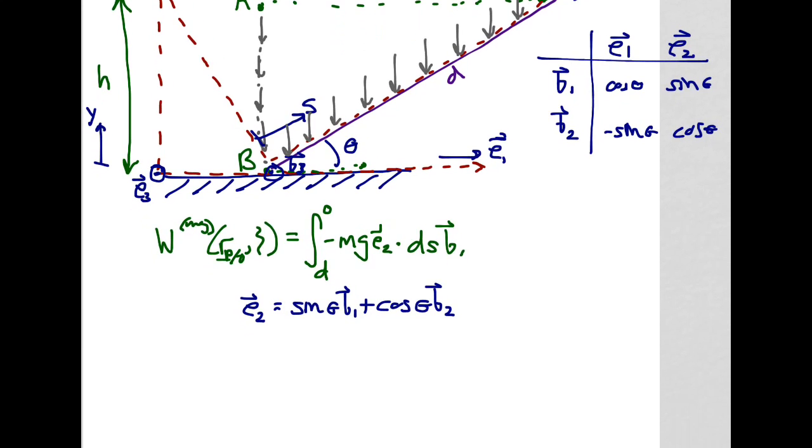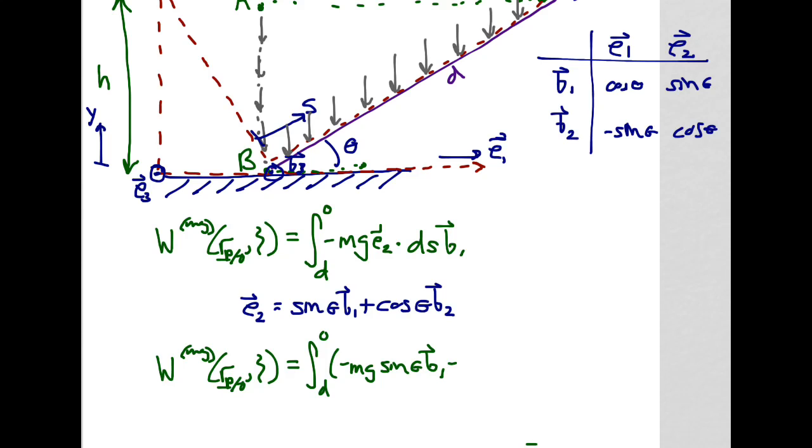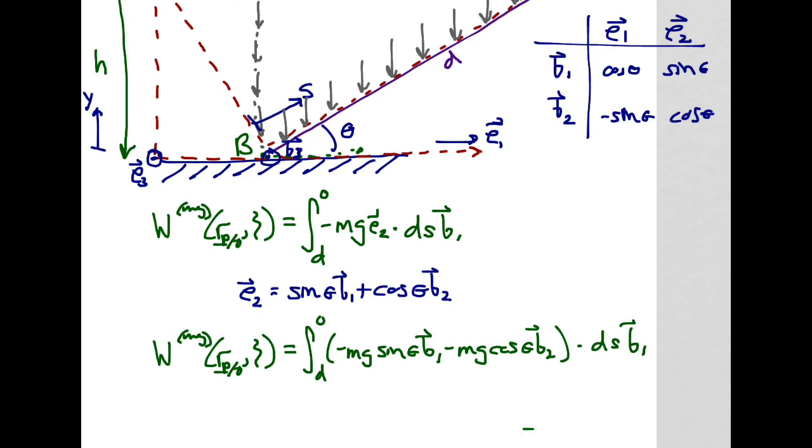And so we'll insert this, which makes our integral from d to 0 of minus mg sine theta B1 minus mg cosine theta B2. And then we're dotting this with ds in the B1 direction.